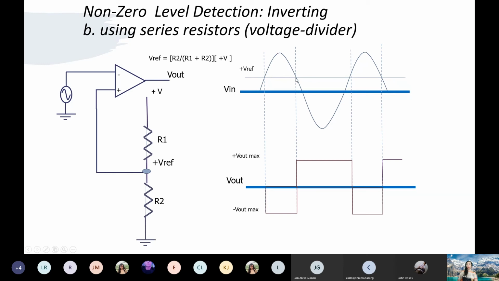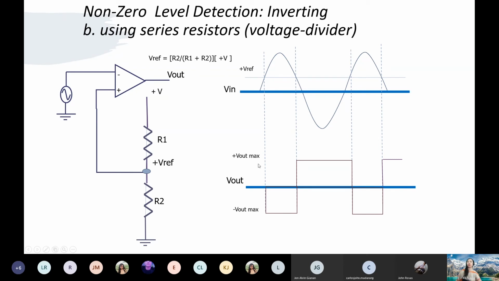Then if the input voltage crosses the reference point Vref, it switches from negative to positive and stays positive until the next Vref. If it crosses the reference voltage again, it switches back to negative, and it stays negative from here until here, when it toggles back to positive.